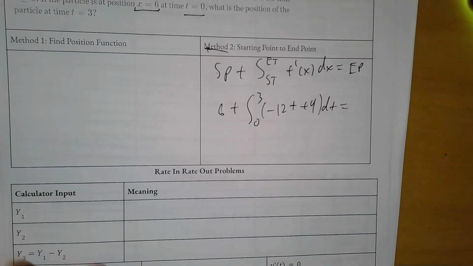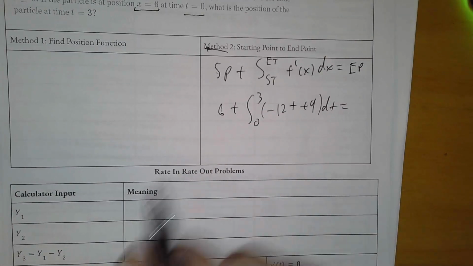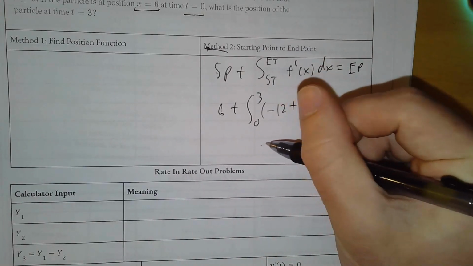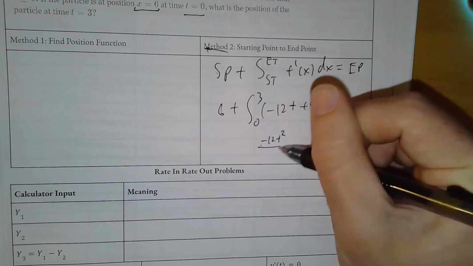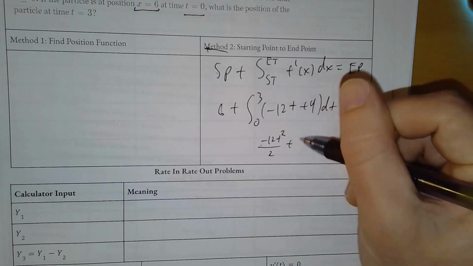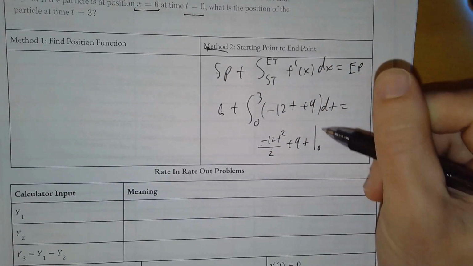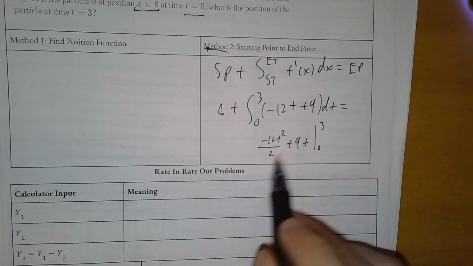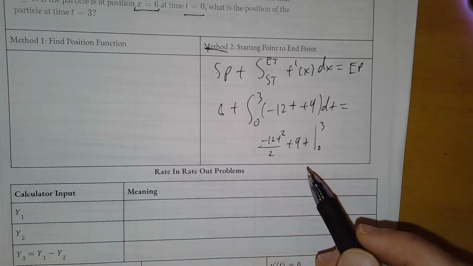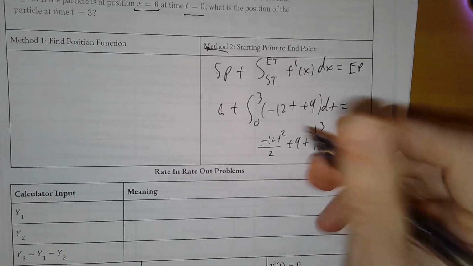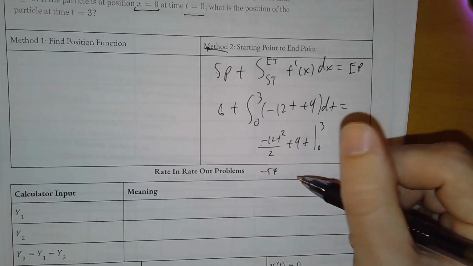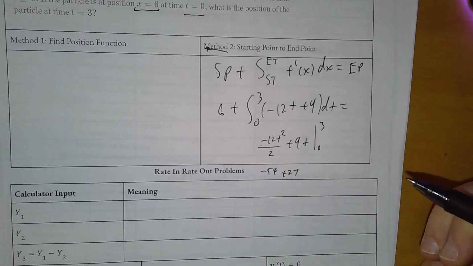So here, the 6 is given to me. This I'm going to do with the fundamental theorem of calculus. So this is going to become negative 12t squared over 2 plus 9t from 0 to 3, which is just negative 6t squared plus 9t. So we're going to plug in a 3. We're going to get negative 54 plus 27.